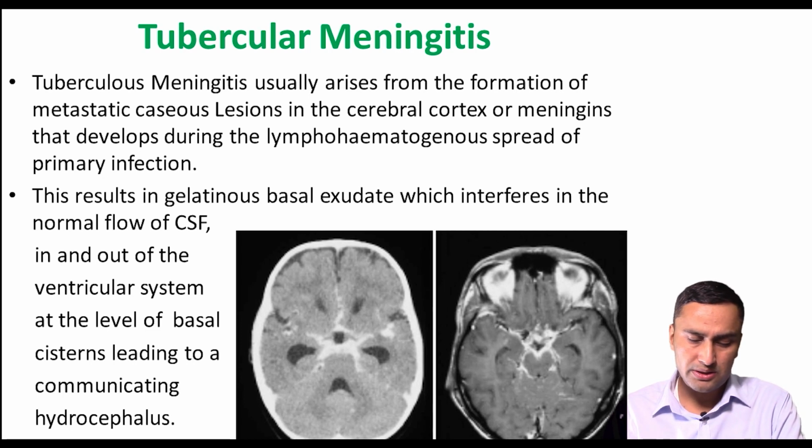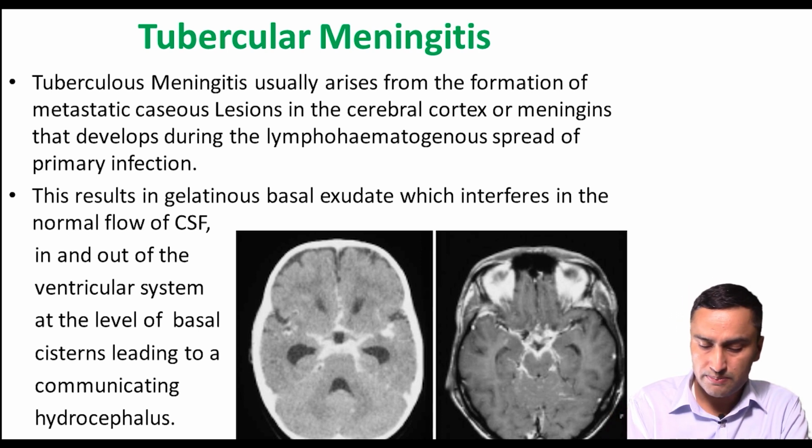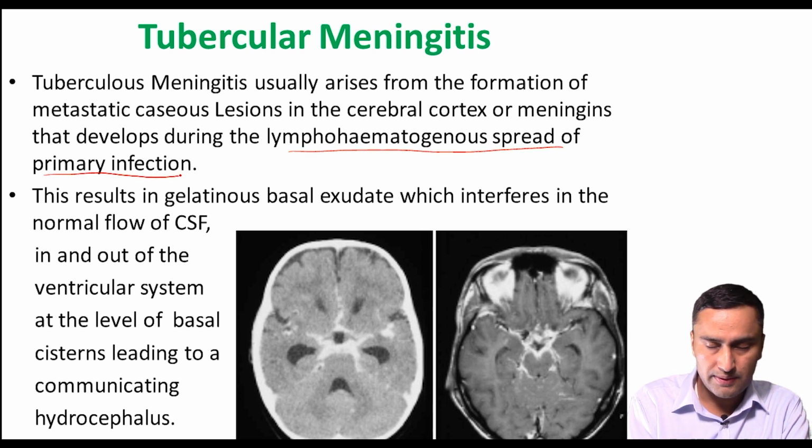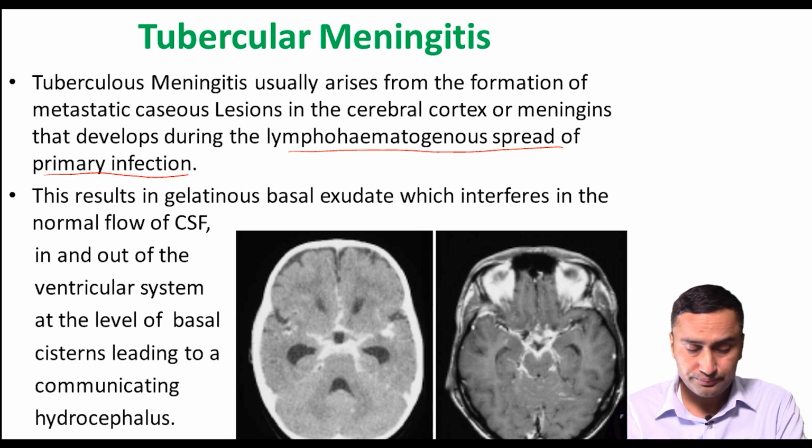Tubercular meningitis usually arises from the formation of a metastatic caseous lesion in the brain parenchyma, cerebral cortex, or meninges. That develops during lymphohematogenous spread from the primary infection.